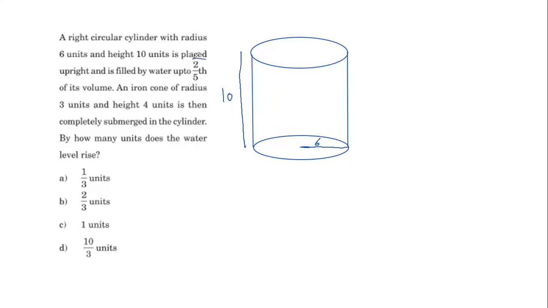Now, I really don't care whether it's filled 2/5, 1/3, or half. Let me decode the idea behind this question. Let's say a cylinder is filled with water till here. Let's say this is the level of the water.